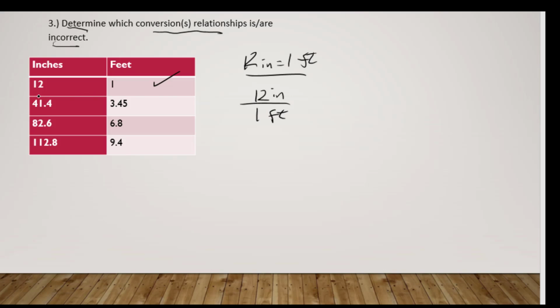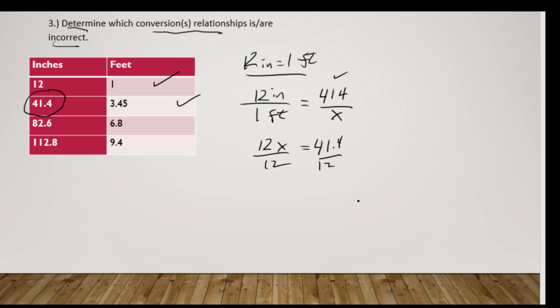And then I could say, okay, I'm going to use 41.4 inches. And if that's true, then how many feet would I have? I'm going to see if this here matches this here. So I'm going to cross multiply and then divide by 12.